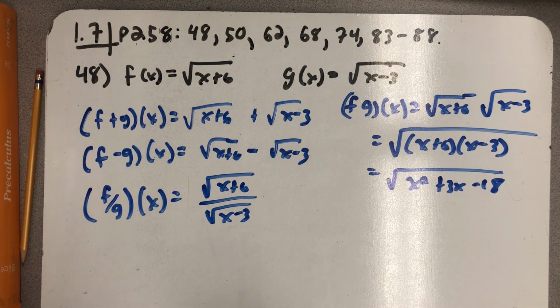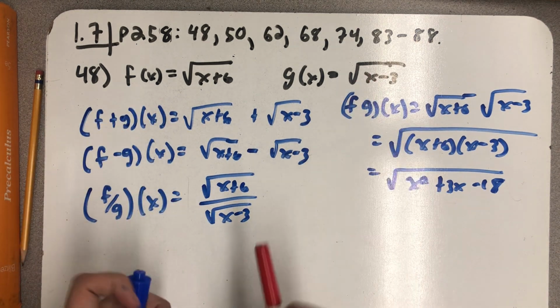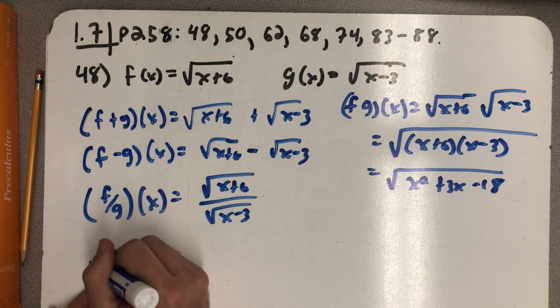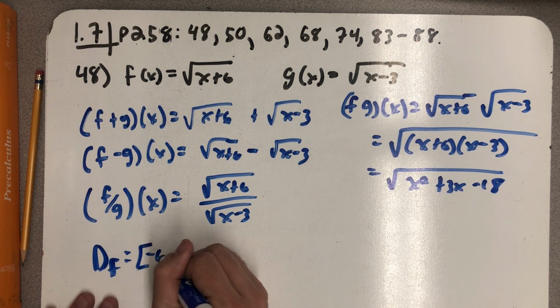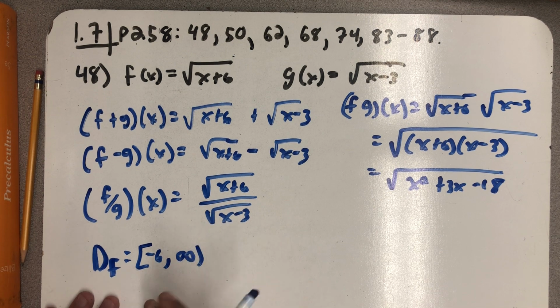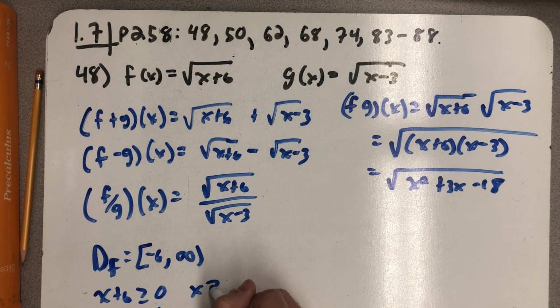All right, so there are my nice, happy functions just found using the algebra rules we went over in class. But now I'm asked to find the respective domains. Well, to do that, I need to know the domain of f and the domain of g. The domain of f is everything to the right of minus 6, because I need x plus 6 to be greater than or equal to 0.